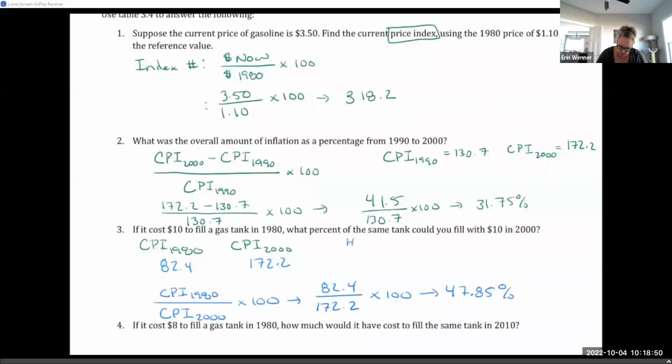So the homework says how much of the same tank. And that we would just do 0.4785 because they're just saying what portion of it. So they're saying you don't need to convert it to a percent. So this is number 3 on your homework, just so you know.